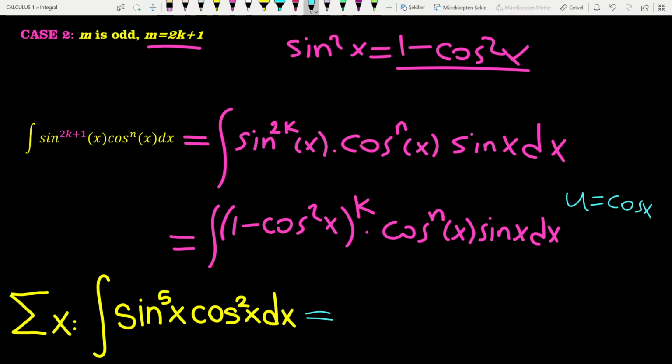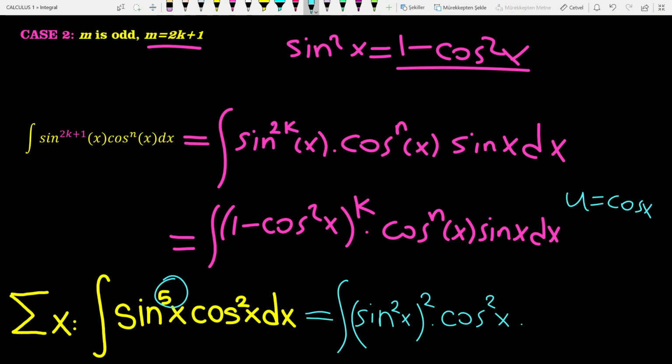The power of sine is odd, as you see. So we save one sine factor. Instead of sine to the power 5, I write sine to the power 4, and instead of sine to the power 4, I write sine square squared, times cosine square.